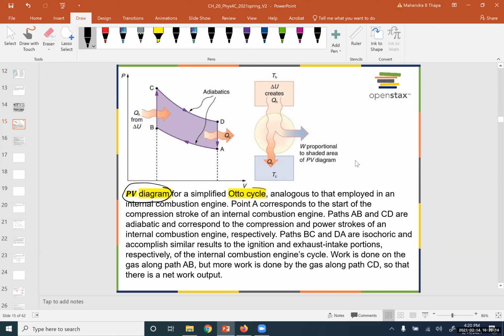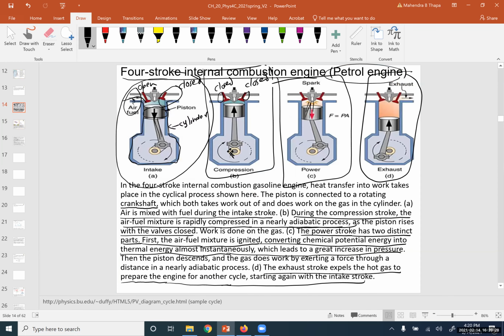In this scenario, this is also called the Otto cycle. Let's start with this picture. In the first step, A, fuel enters. By fuel we mean the air and the petrol gas entering at this point.